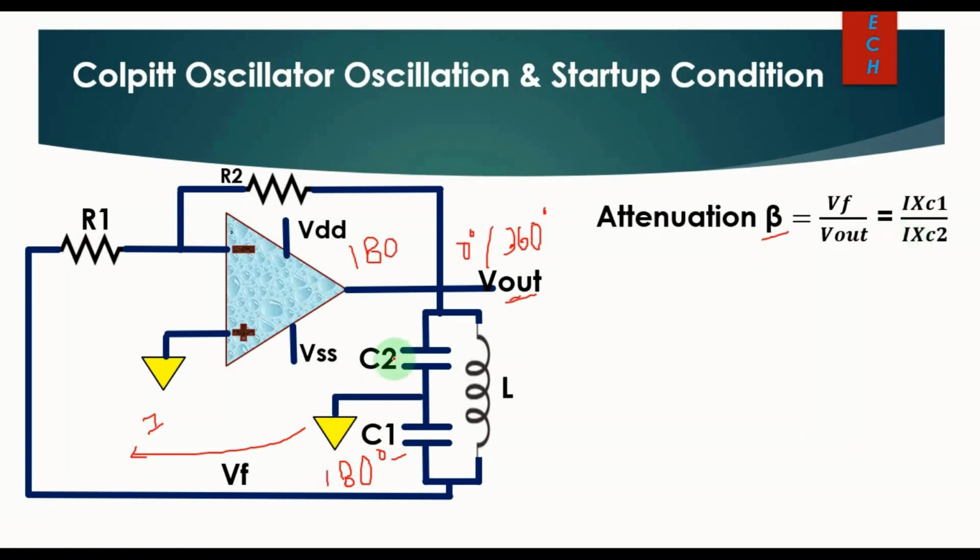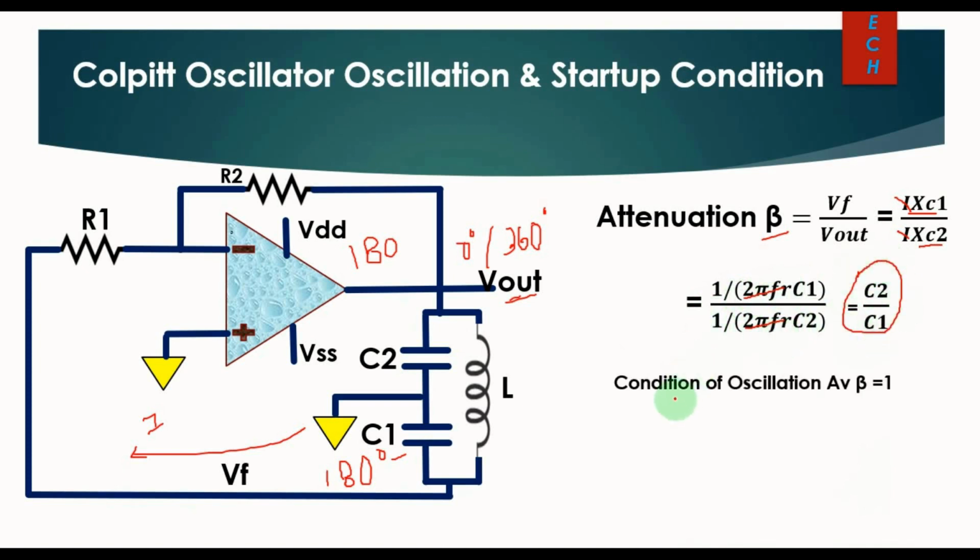Let's say the current flowing through this circuit is I. So this will cancel out, and Xc1 is the capacitive reactance for capacitor C1 and Xc2 is the capacitive reactance for capacitor C2, and Xc1 equals 1 divided by 2 pi Fr C1, divided by 1 divided by 2 pi Fr C2, and if you solve this, this will cancel out and you will get C2 divided by C1, right?